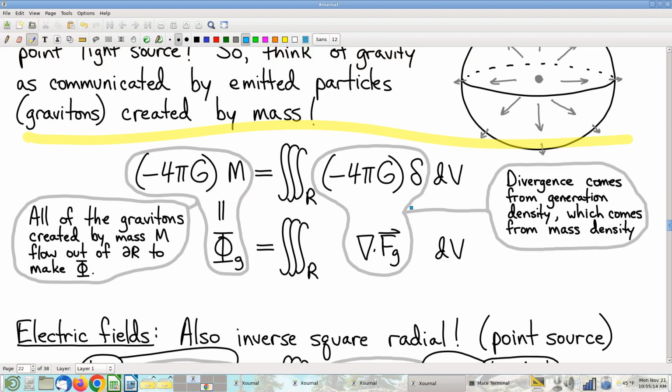So this idea of mass density is a relatable concept. And if mass density is relatable, you have a physical metaphor for what divergence looks like. Divergence is a measure of mass density in terms of how that's creating gravitational flux. Anyway, it's a point of view. It's also some good physics to know.